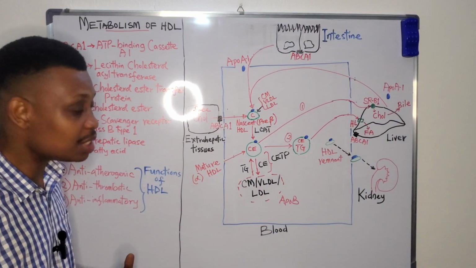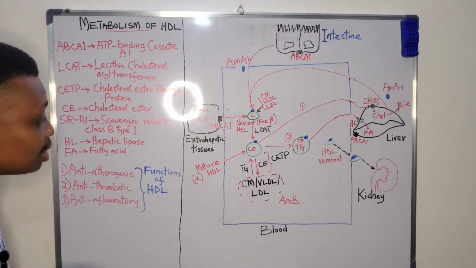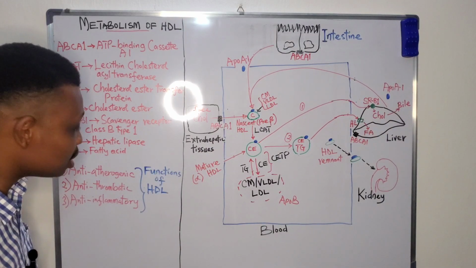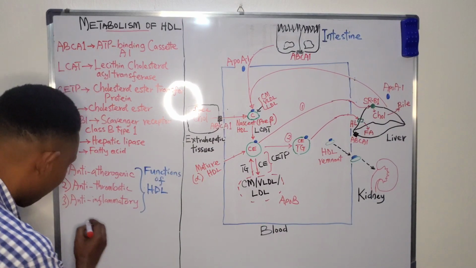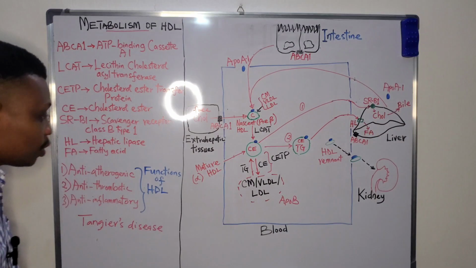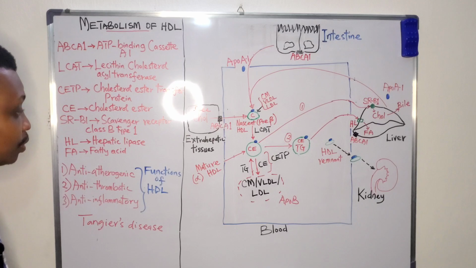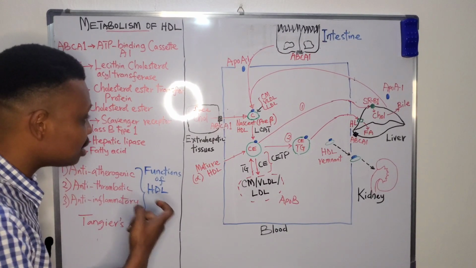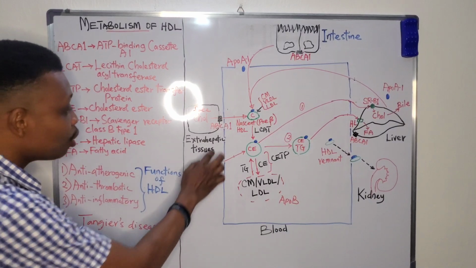An example of a disease in which there is a genetic defect or deficiency of this ABCA1 is Tangier's disease. So in Tangier's disease, there is deficiency of the functional capacity of this gene.